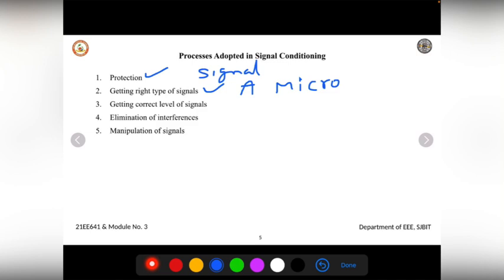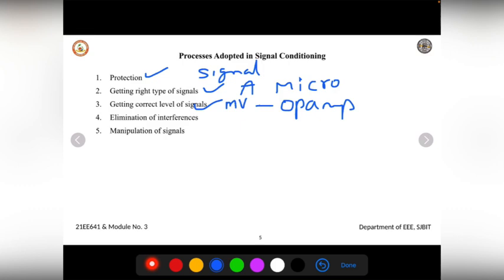That is also possible. Then, getting the correct level of signal: the level of the output signal may be too small, in millivolts. I want to increase that signal, so I make use of an amplifier and convert it from analog to digital. All this can be done using an op amp, an operational amplifier, which is widely used nowadays.